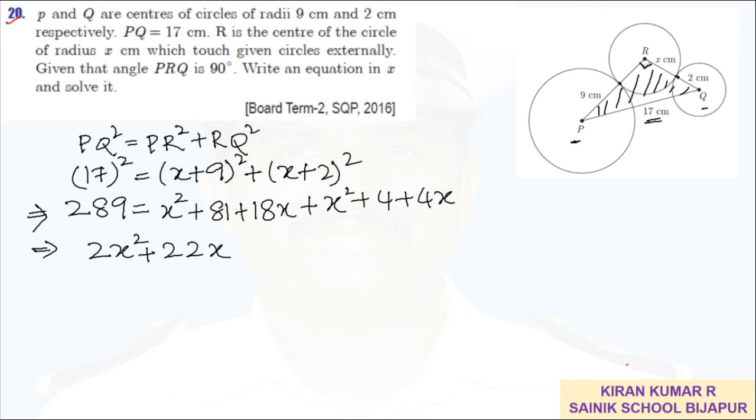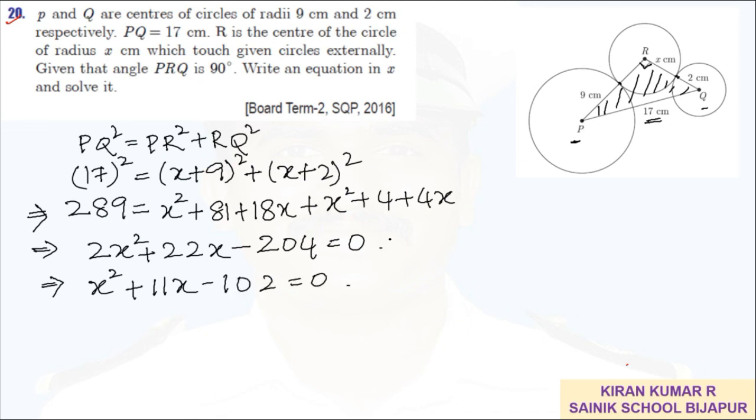You have to subtract 289. We get minus 204 equal to 0. Here, throughout I can divide by 2. I'll be getting the equation as x square plus 11x minus 102 equal to 0.